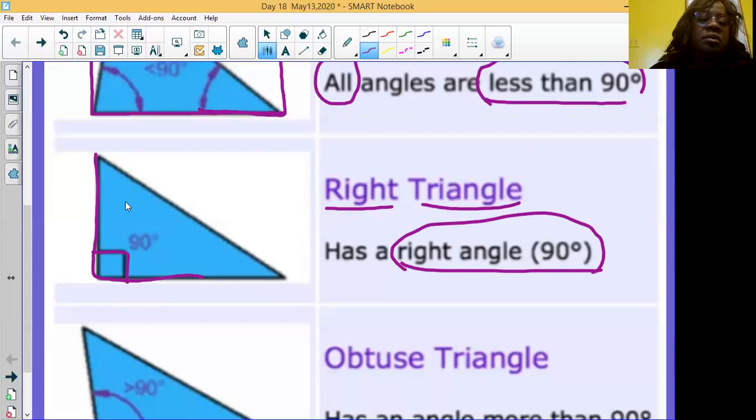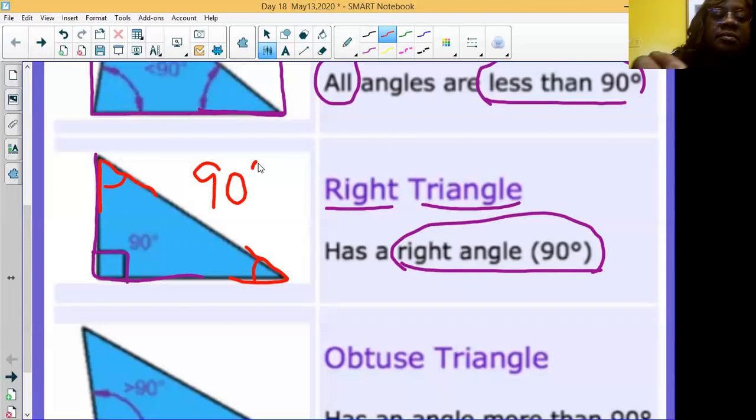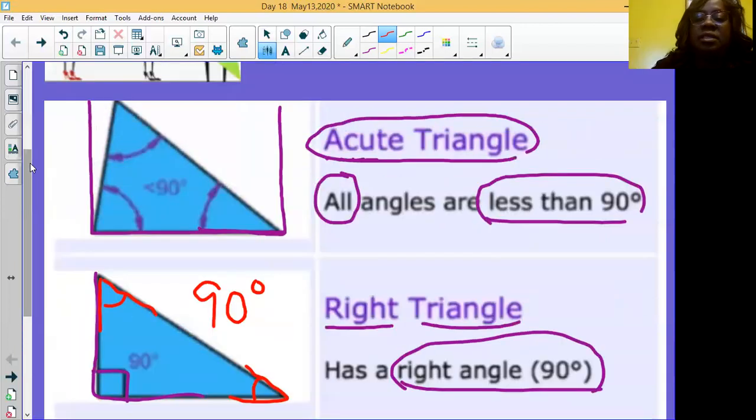But also notice that right here, there's another angle, and this angle is not 90 degrees, but it's acute. And an acute angle here. And you also have one here. Well, 90-degree angles are right angles. And remember back up in here, it said that acute angles are less than 90.